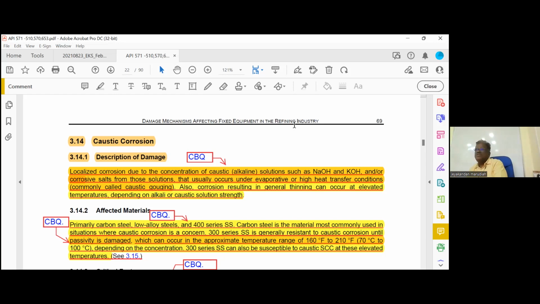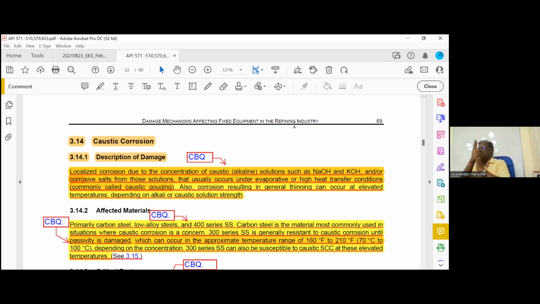It will be smooth. But sometimes, if it is not properly mixed with the water due to your design, then what will happen? Caustic will move separately in the water wall tube. When it moves separately, because of the temperature, there will be corrosion. So for caustic corrosion, we need two things: separate caustic without mixing with water, and the second one is a temperature more than 170 degrees Fahrenheit. Then there will be corrosion.